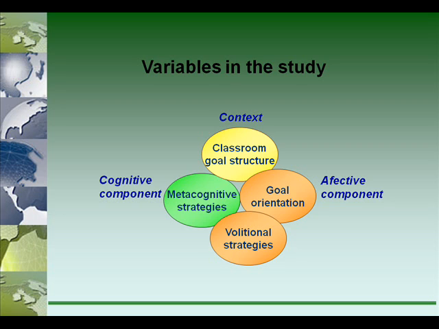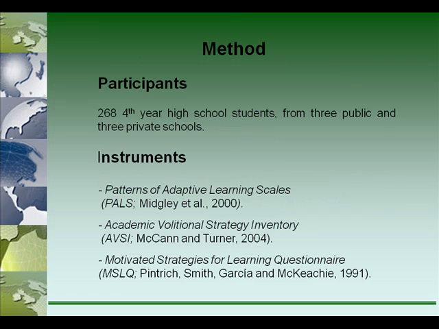Students' effectiveness in the process of self-regulated learning also varies depending on the academic environment and students' personal goal orientation. In this study, we analyze the interaction between these cognitive, volitional, and motivational variables in late adolescence. In order to do this, we propose a model by means of structural equation modeling.